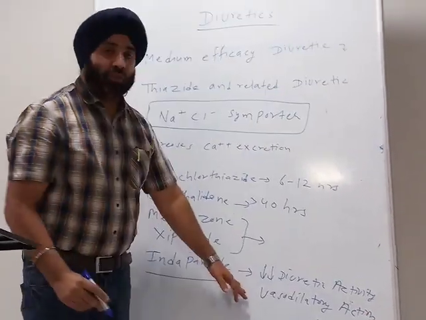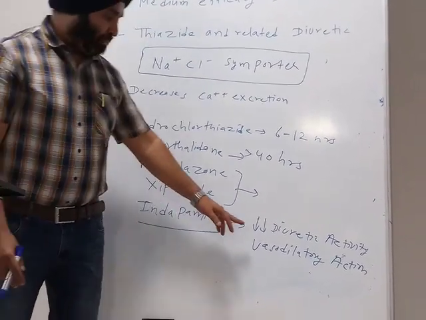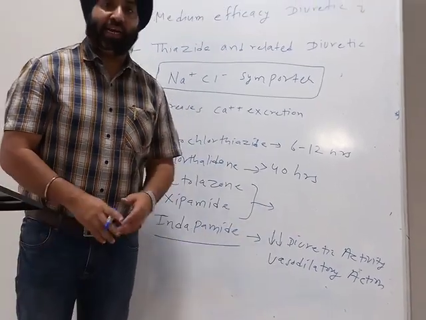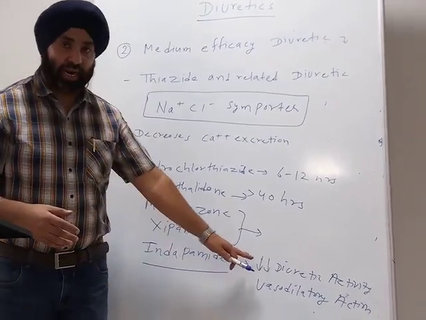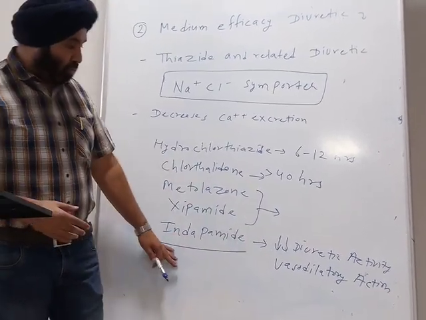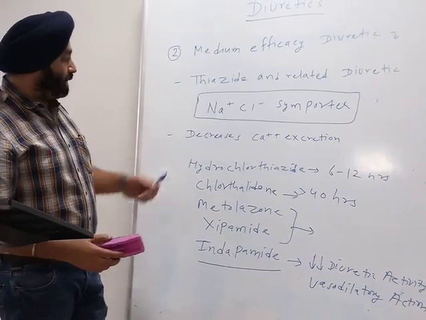So due to the vasodilatory action, it is a good antihypertensive, but it doesn't have the adverse effects which are due to diuretic activity. So it can be used as a good antihypertensive. These are the drugs included in this group.